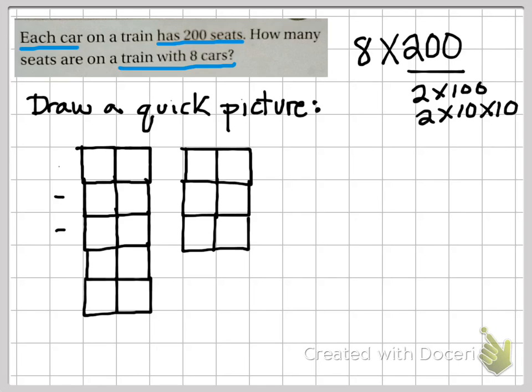I know that 10 groups of 100 is equivalent to 1,000. 100, 200, 300, 400, 500, 600, 700, 800, 900, 10 hundreds, which is equivalent to 1,000.